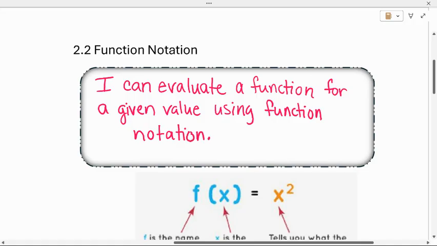This is right off of your I can statements. This is your I can statement for 2.2. I can evaluate a function for a given value using function notation. You are looking at your 2.2 I can statement.